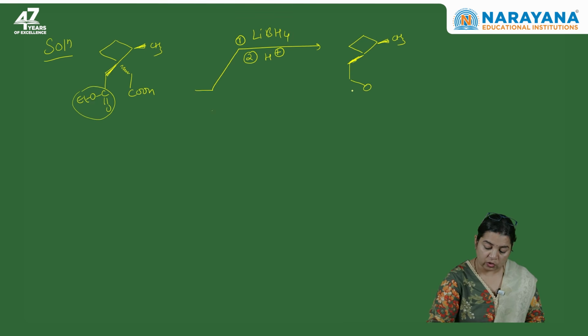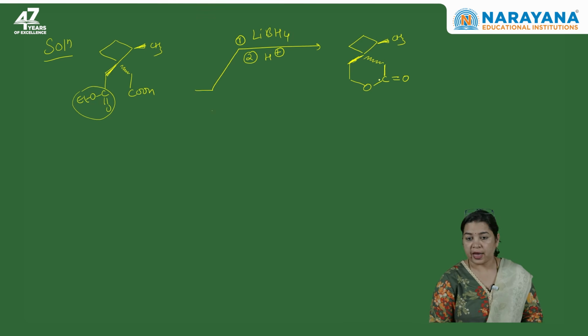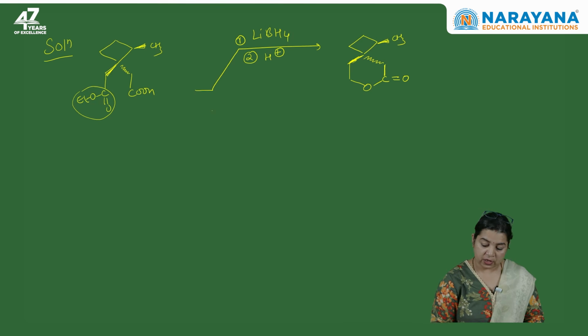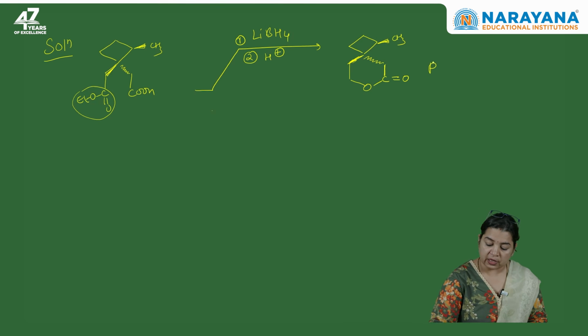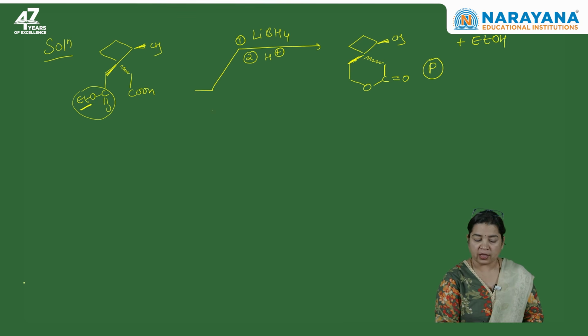So this is O. Why am I writing only O? Because that O will react with this COOH and ester is formed. This particular product is P. Along with this, definitely ethanol is also obtained.